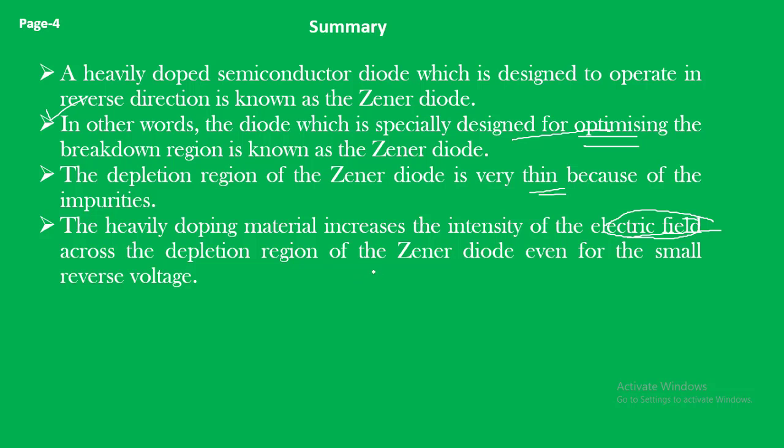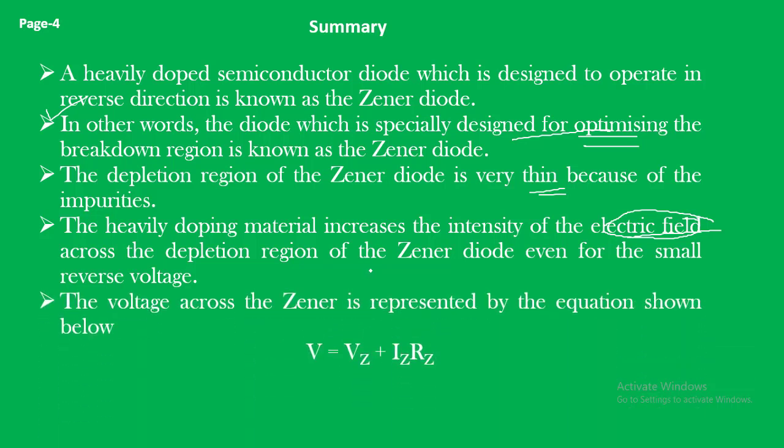So we can have different Zener voltages like 5 volt, 6 volt, 8 volt, depending on the application. And the voltage across the Zener diode is represented by this equation: Vz plus IzRz, the drop across the diode and the voltage Vz.